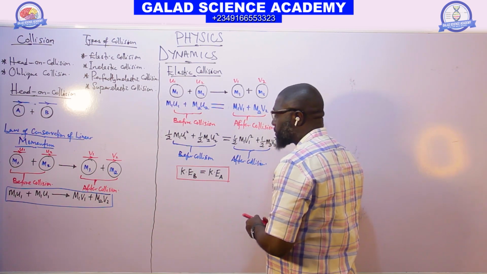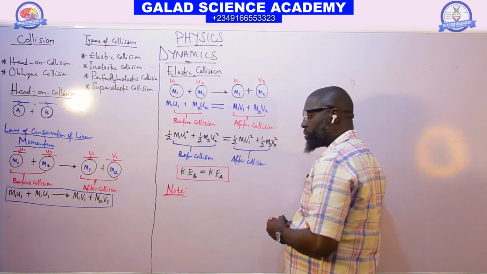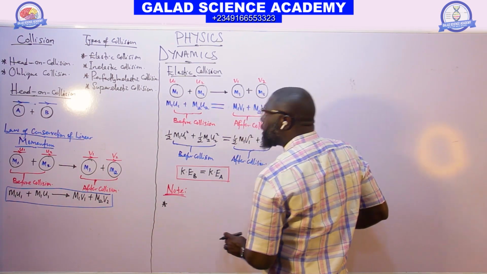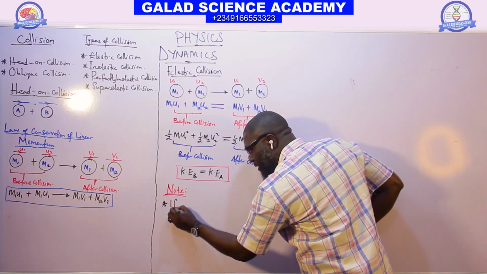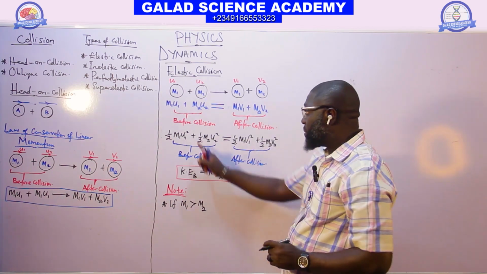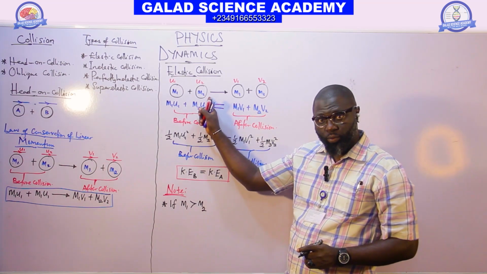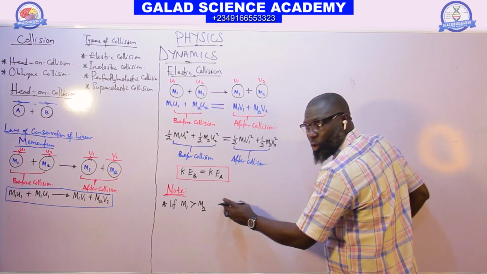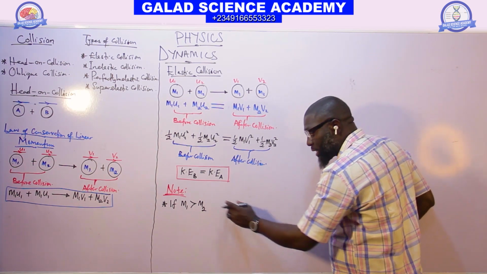Note that if mass M1 is greater than mass M2, if the mass of this body is greater than the mass of M2, the body M1 will maintain its direction.